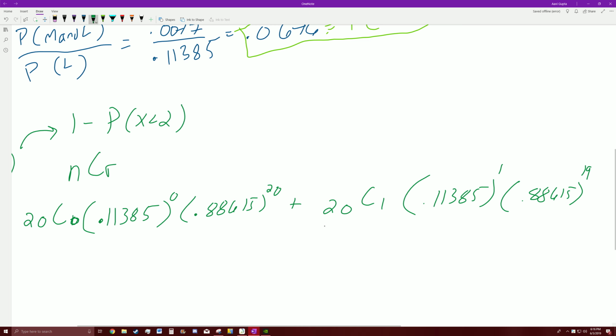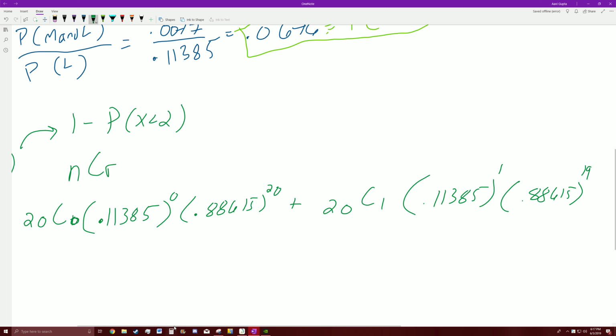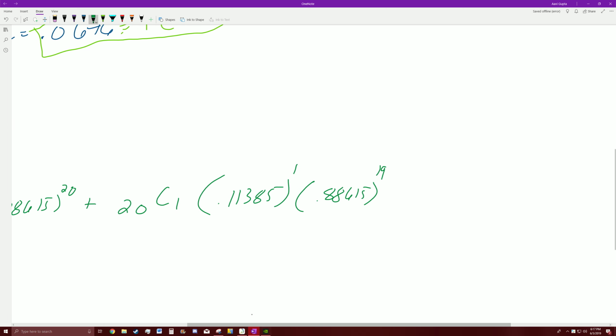Remember that these exponents need to sum to your total number of trials, 20. And just be accurate with your work, because you can easily screw this up. So make sure you have neat handwriting and you're not going too fast, because you have plenty of time.